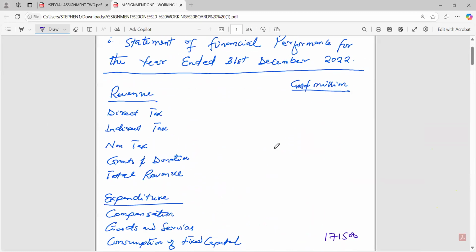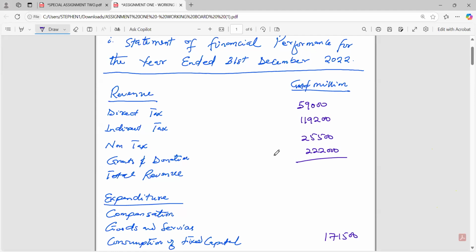Give it to me: direct tax, 59,000. Indirect, 119,200. Non-tax, 25,500. Grant, 222,000.